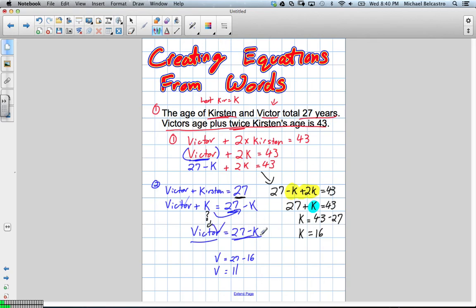V was equal to 27 minus K. And that's what we replaced Victor, or V, with. 27 minus K plus 2K equaled 43. So really I used two variables the whole time. But in the end, I just solved for one. And there's nothing wrong with doing that. Setting out two variables and then solving for one of them. Okay?